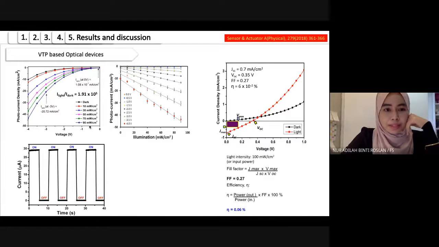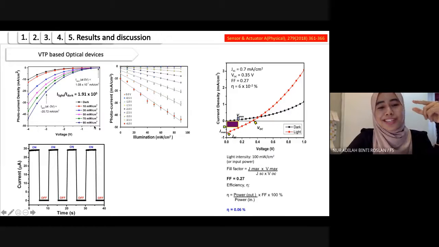So you can see here, I varied the light intensity, from dark until 90 milliwatt per centimeter square. As I increased the light intensity, you can see the response of the photocurrent density is improving. And then I calculated the ratio of photo to dark current, and it gives quite a good number.